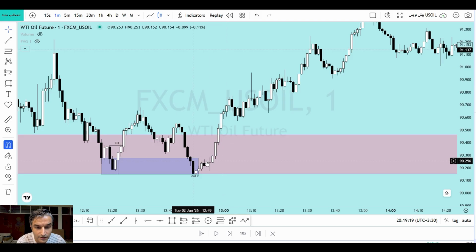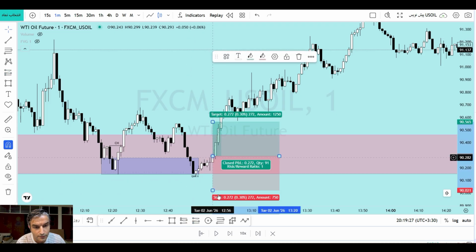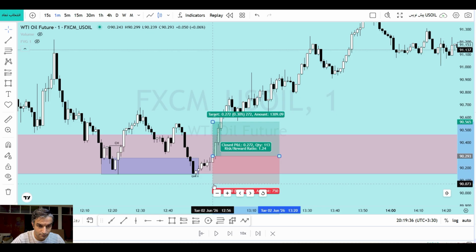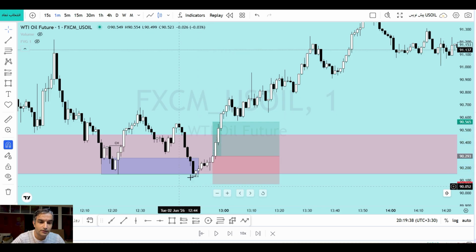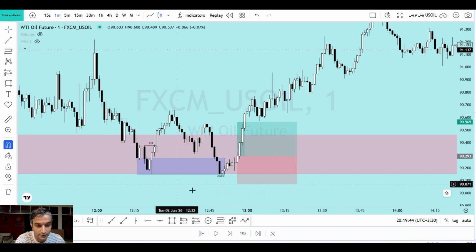Our engulfing candle is here. We put our entry here, and our stop loss here, a little lower than our QMR area.